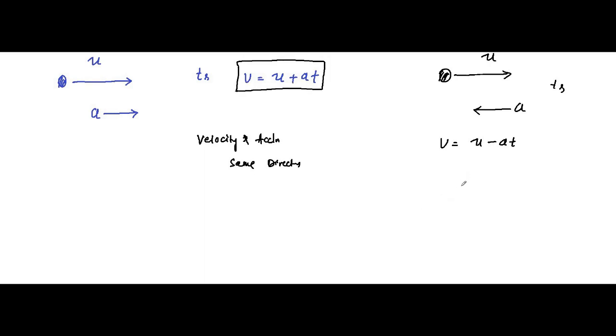And when velocity and acceleration are in the opposite direction, it gives us something like this. This will come into play when we will discuss motion under gravity, so you just wait. So this is a very simple way to understand the relationship between velocity and acceleration.